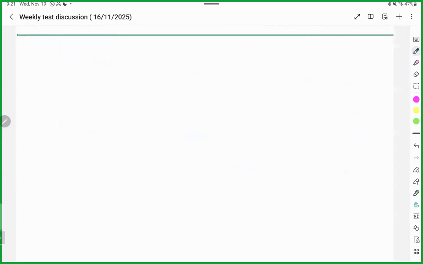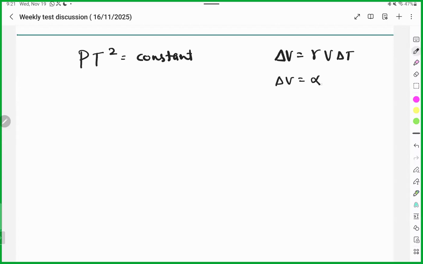Move to the question. You know it is P T squared which is equal to constant. And you also know you have to calculate volume expansion which is equal to gamma V delta T or alpha V delta T. It's your choice which one you want to write. I wrote both, so it's your choice.